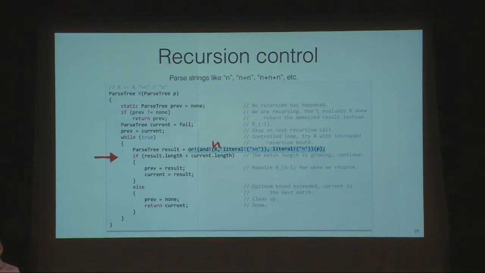Still growing, etc. Until the newest result does not produce a longer match, and we are done. The static variable is returned as the static variable is prepared for another left recursive evaluation, and current is returned as the correct parse tree. Notice how this implements the manual progression that we did before.